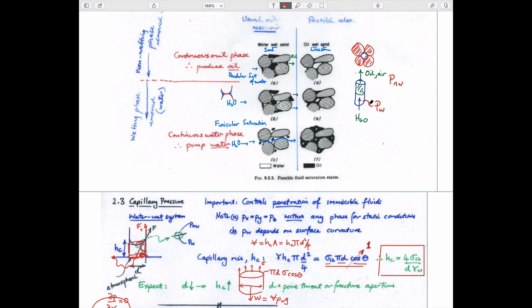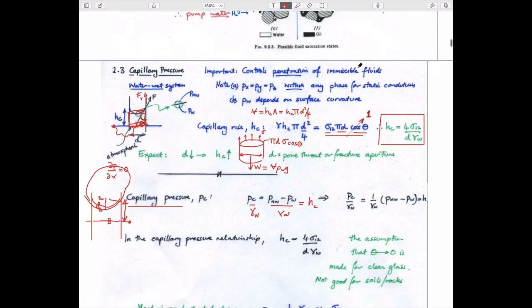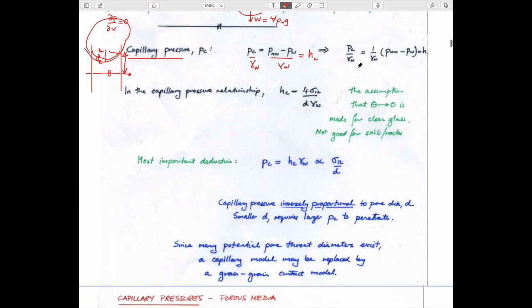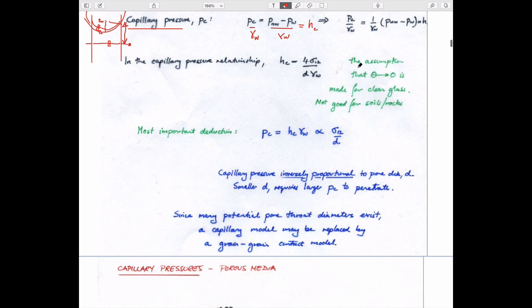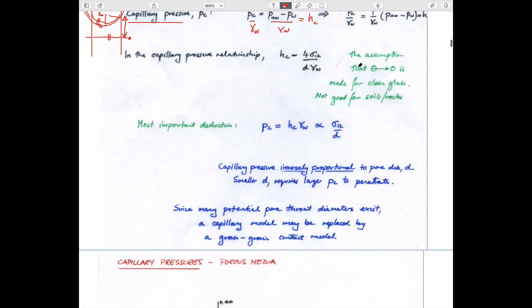If it's larger than some threshold, it will move, and it will go to a new state somehow, which we won't say anything about now, but it will go somewhere. And so the idea of capillary pressure is an important thing of what we will talk about, and it's related to this height rise.